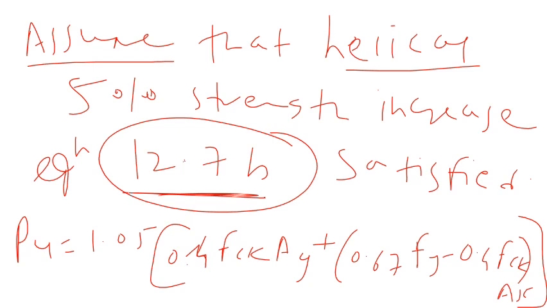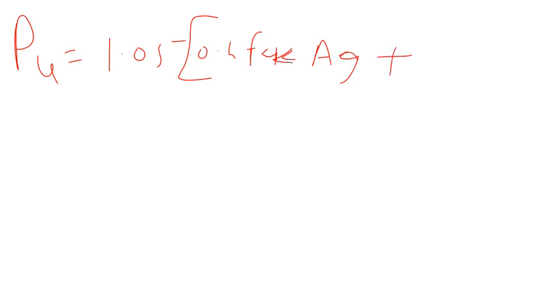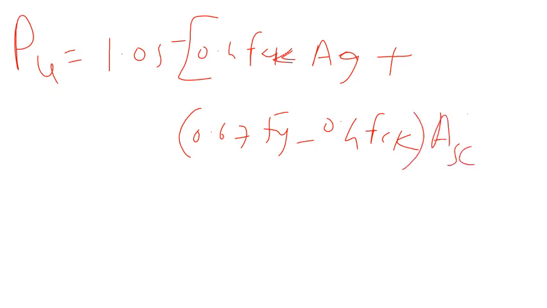So this is the formula for Pu. I will write one more time. Pu equal to 1.05 big bracket 0.4 fck into Ag plus another bracket, small bracket 0.67 fy minus 0.4 fck, small bracket complete, multiplied by Asc, and big bracket complete.